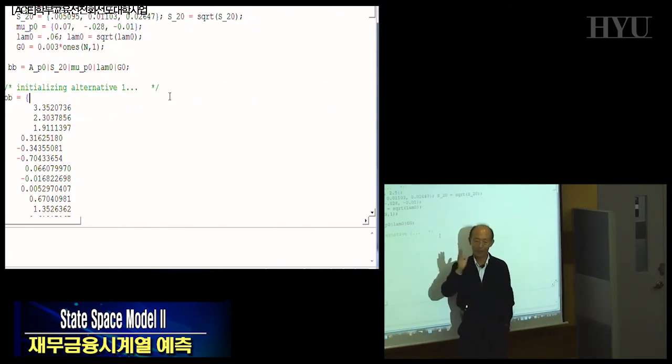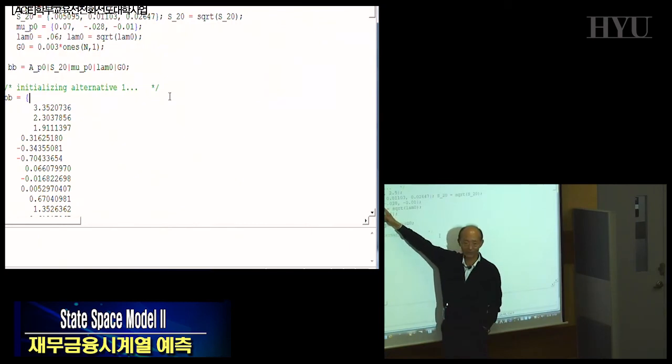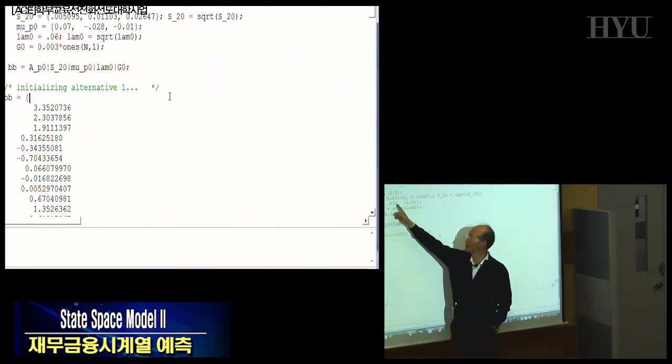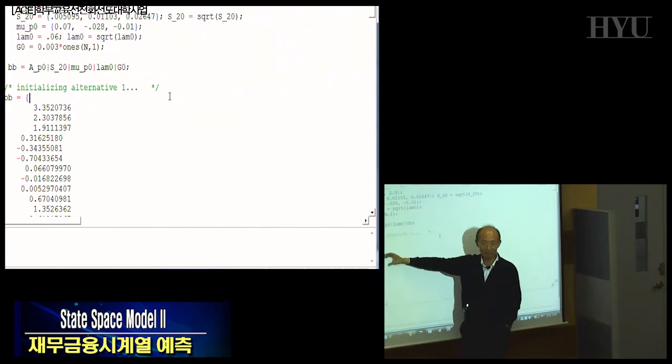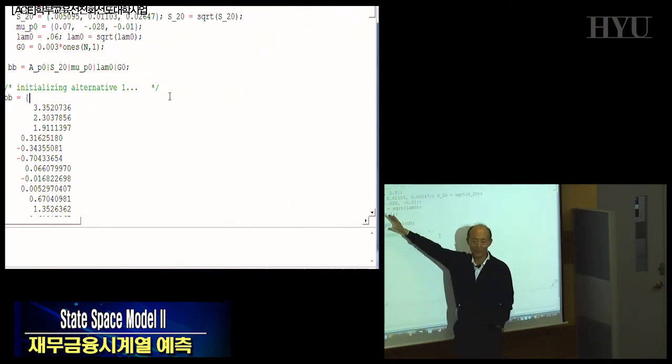But I later found that in the iteration, it tries to find some negative value for that, and then finds no stable combination and collapses. So what I did was I put a negative sign instead. I started from a negative value, and then it suddenly started working. Of course, and then collapse.